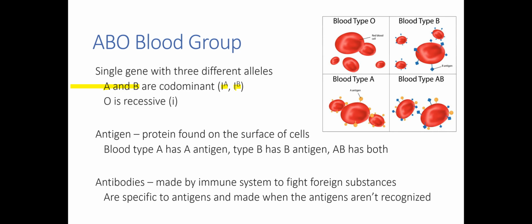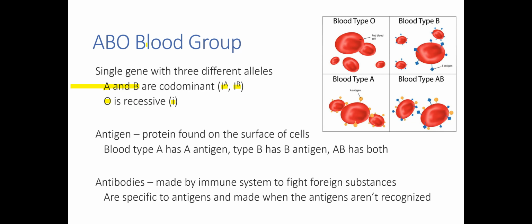Now, when you're doing your Punnett squares in the next couple of days, you can use capital A, capital B. You can use the I's. It doesn't matter as long as you understand the blood types. So we have 2 alleles that are dominant, A and B, and then the O allele is recessive. And because it's recessive, it's represented by a lowercase letter, the lowercase I. Once again, it doesn't matter which one you use as long as you know that O is recessive.